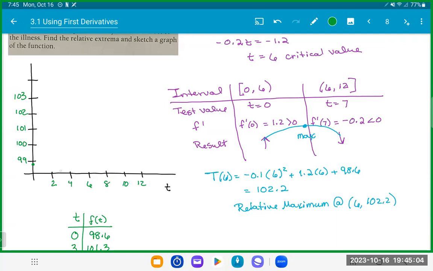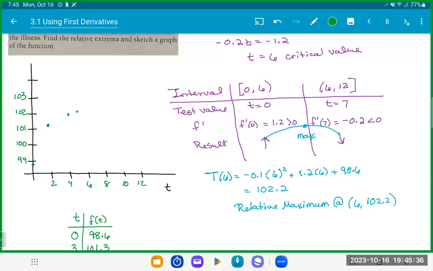At 3, I'm at 101.3, a little above the 100 line. At 5, I'm at 102.1. Then at 6, we're at 102.2. So we're really close, just slightly higher.